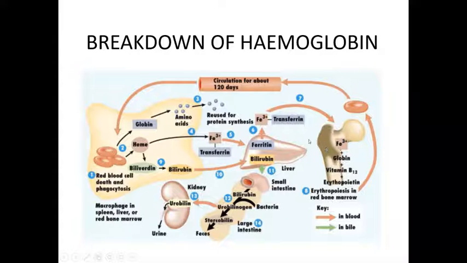Here again this ferrous ion combines with the globin, vitamin B12, and erythropoietin, finally forming the RBC. So that is one pathway. This is how the ferrous ion is resynthesized for the synthesis of the RBC.